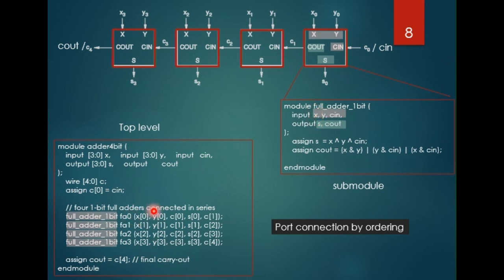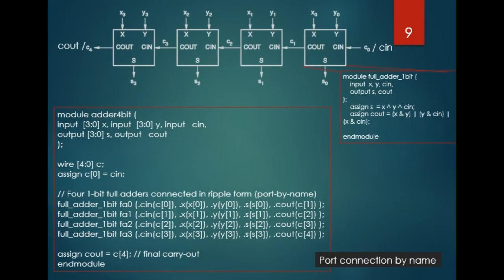So if you put the top level signal X0 first, that means you connect X0 to port X, and Y0 to port Y. You do similar things for the following instances also. After you complete the signal connections to the instances, you have completed the description of your top level circuit.